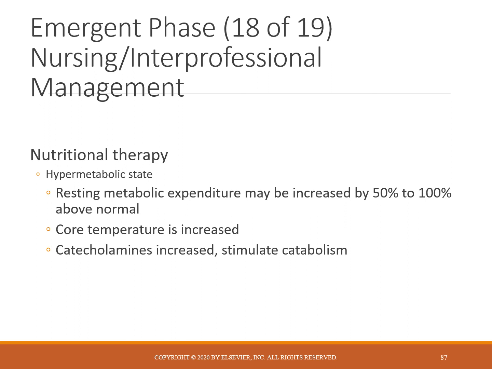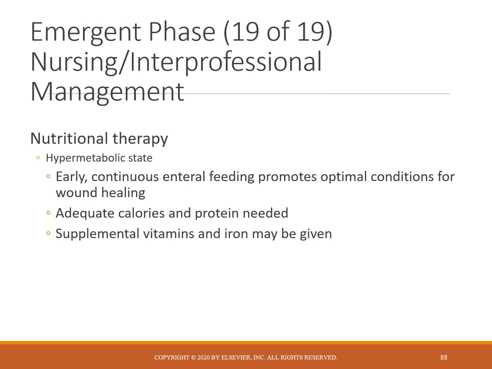So in short, they'll be needing more support when it comes to their nutrition. Their enteral feeding will be specific to that patient. Calories and protein will be calculated based on the need of the patient. They will also need some vitamins, supplements, and iron that can be given to them.